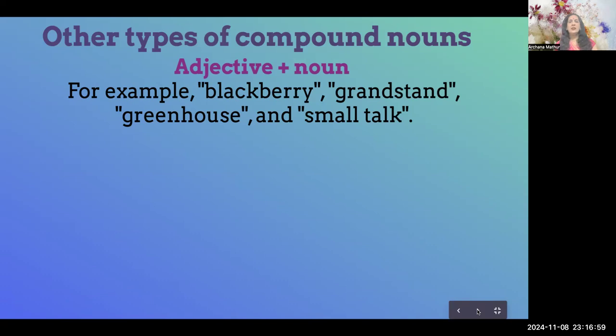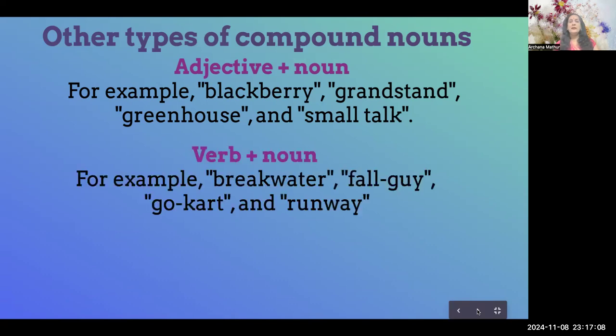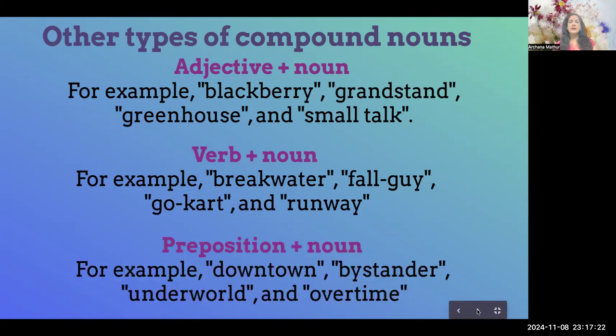Green, adjective, house, noun. Small, adjective, talk, noun. So these are adjectives plus nouns. Then we have another category where we combine a verb with a noun. For example, breakwater, fall guy, go-kart, runaway. So here the first word is a verb and the second one is a noun.